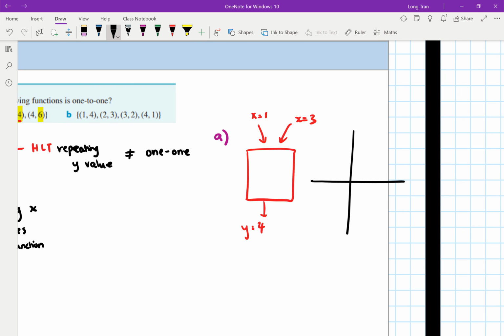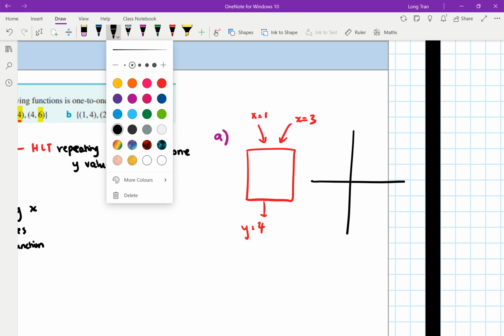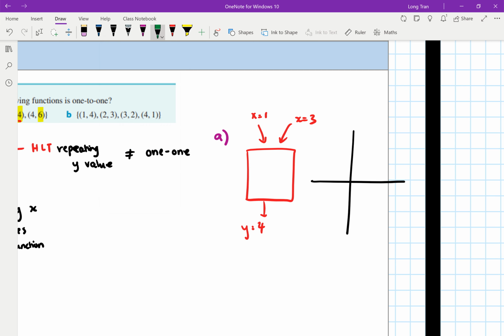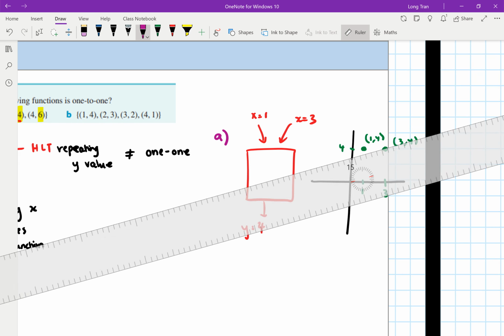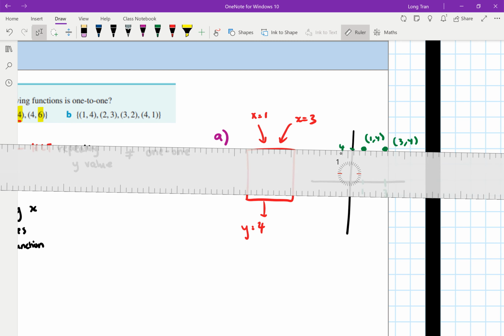You can then see why I know this is not a one-to-one, because when x equals 1, the y value is 4, right? So I get a coordinate here. And then you can see that when x is 3, the y coordinate is also 4. So this is at 3, 4, and this is at 1, 4. This would fail the horizontal line test.